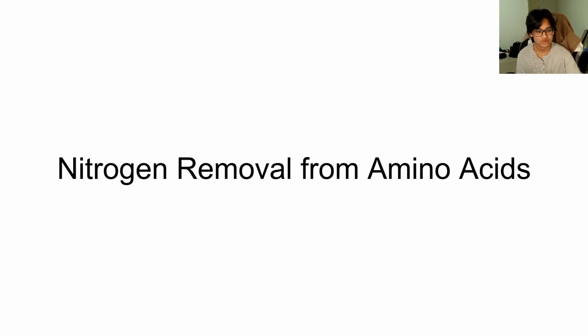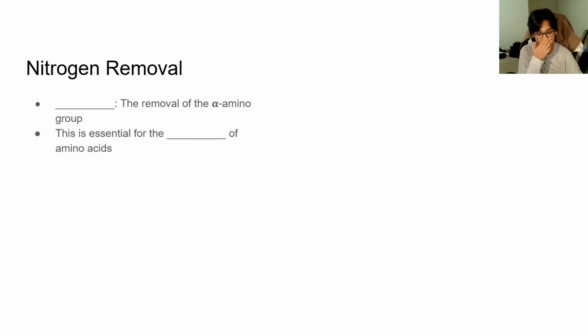So, nitrogen removal from amino acids. The removal of the alpha amino group is called, that's not how you spell it, sorry, transamination. There we go. Transamination.